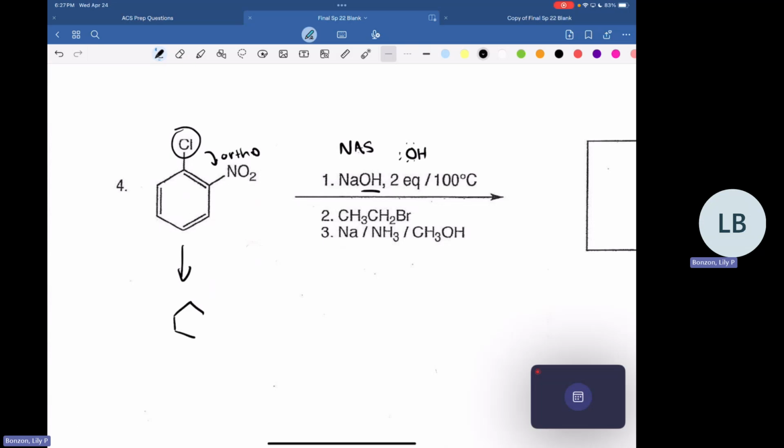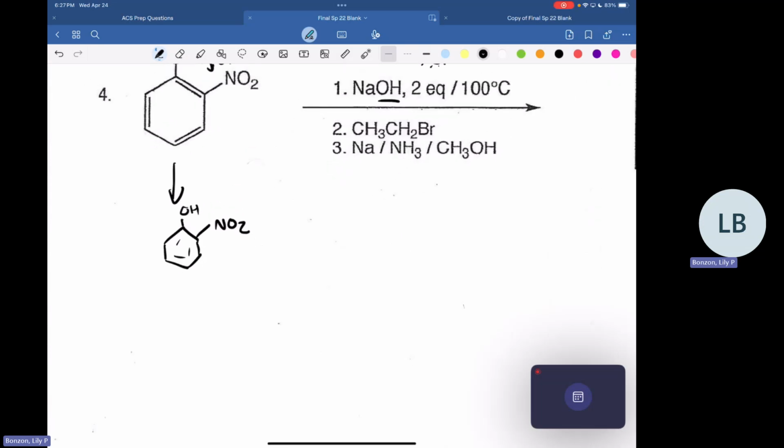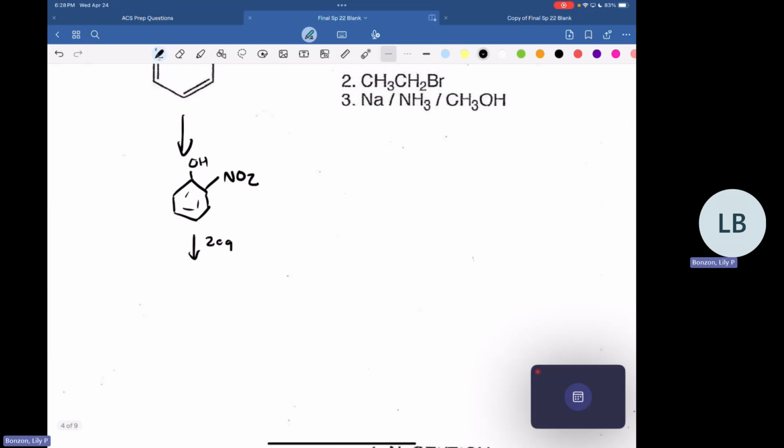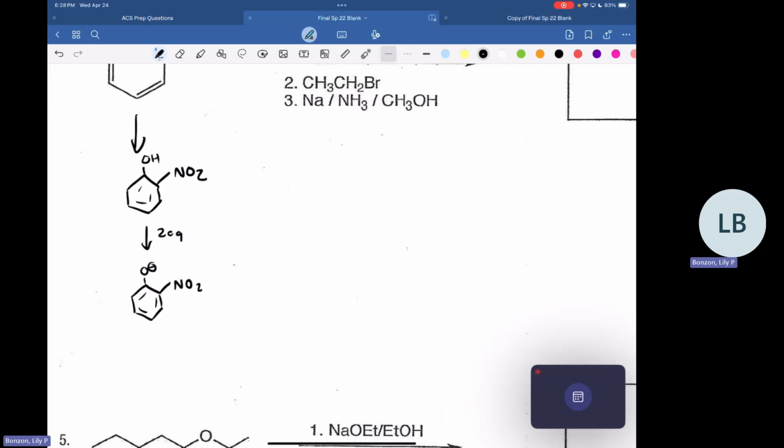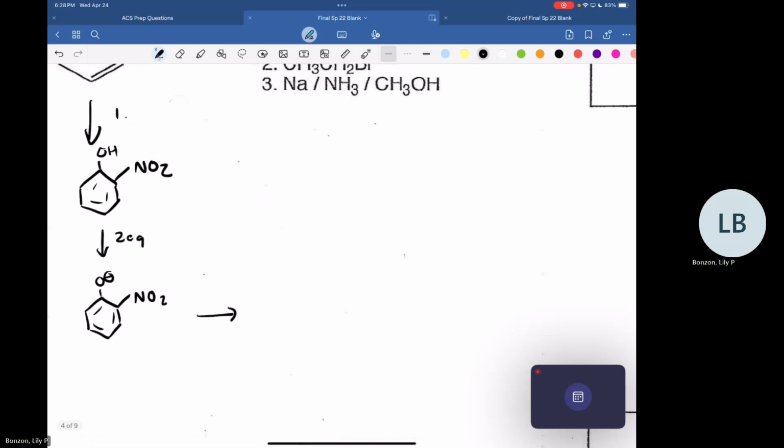So we've got this. And you'll notice that she said 2 equivalents for this one. The second equivalent is going to deprotonate the oxygen. So although it would form an alcohol initially, the second equivalent is going to deprotonate that, and so we're going to get an O- here.